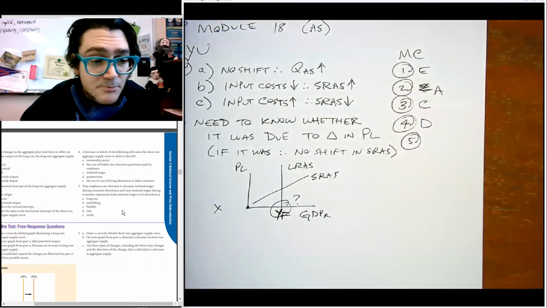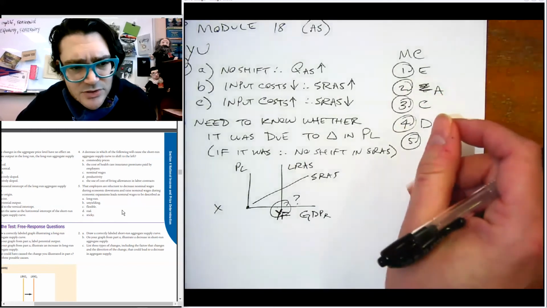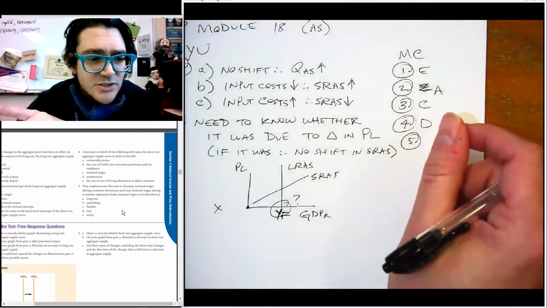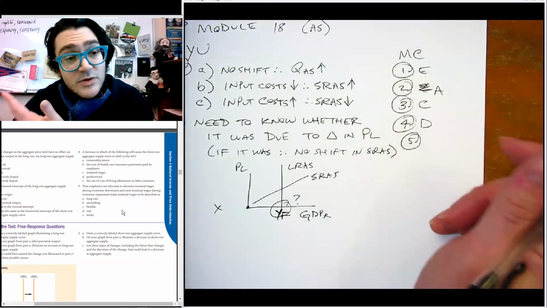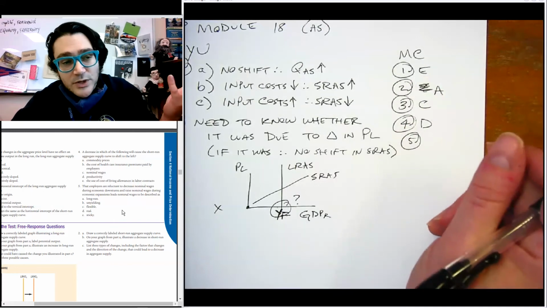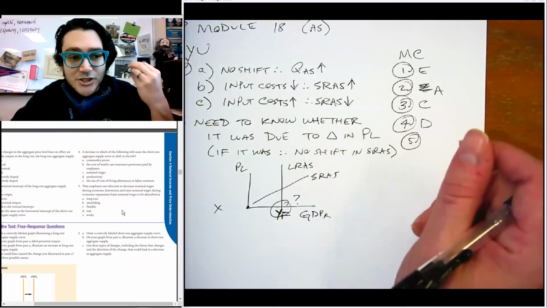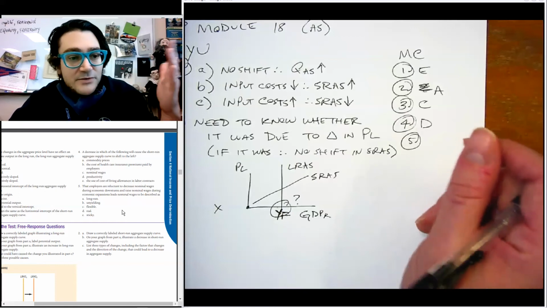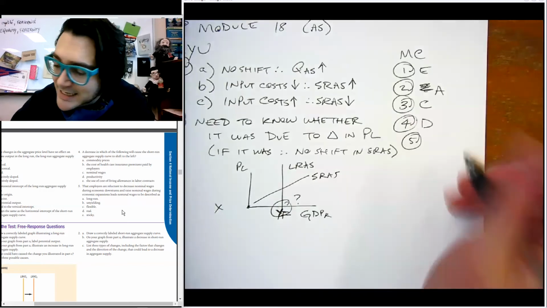Number 5, that employers are reluctant to decrease nominal wages during downturns and raise nominal wages during expansions leads nominal wages to be defined as, well, it's partly that they're reluctant, but it's also partly because it takes people time to recognize that inflation is happening, right? But in general, we would say that wages are kind of sticky. And so E here is the right answer.